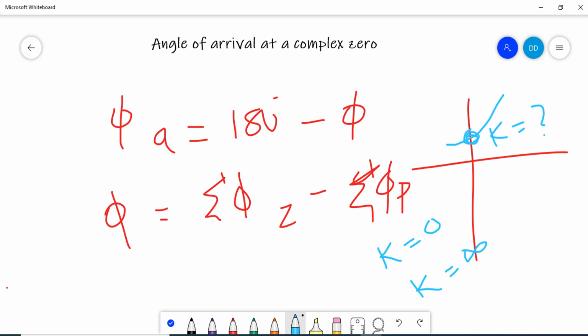So the general rules which we need to follow for constructing a root locus are, first, the root locus is symmetrical about the horizontal real axis. Next, we have to see how many branches there are in the root locus.